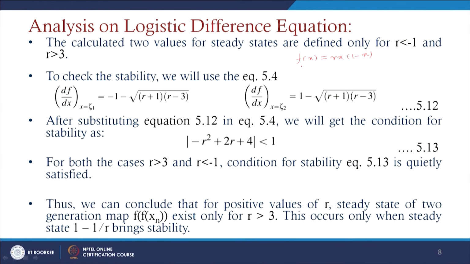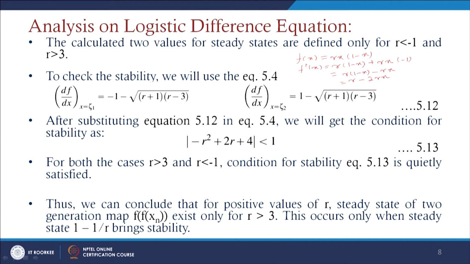So, then if you find the derivative here, f dash x can be written as r into 1 minus x plus r x into minus 1 here. So, this can be written as r into 1 minus x minus r x here. So, completely you can get it as r minus 2 r x here.